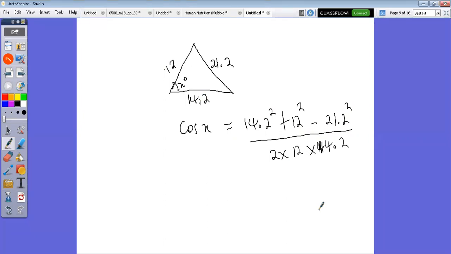If you are using your old friend, which is your Sharp calculator, what do you get on the top? Let's solve what's on the top first quickly. 14.2 squared plus 12 squared minus 21.2 squared.